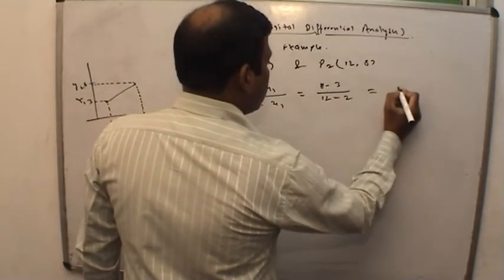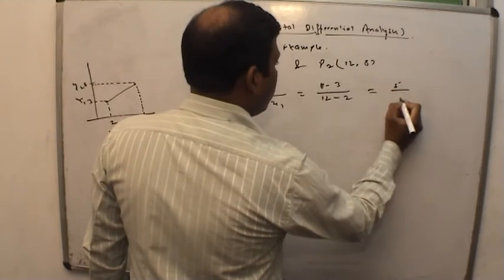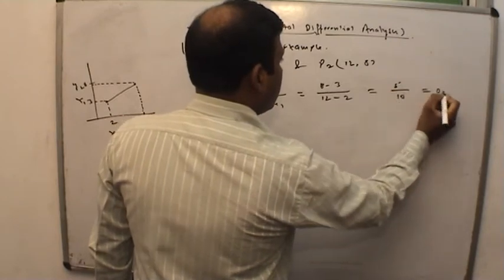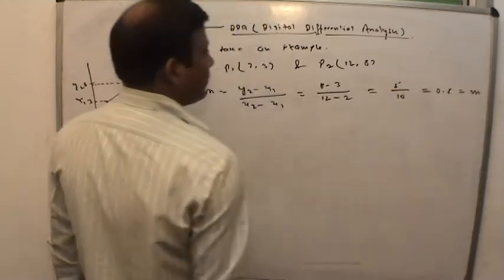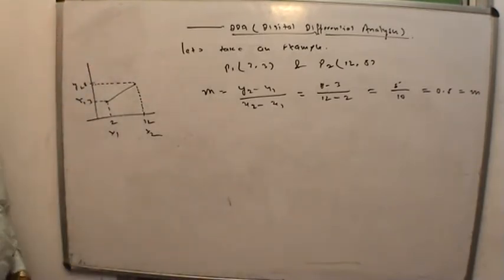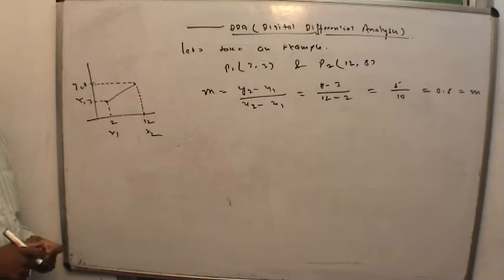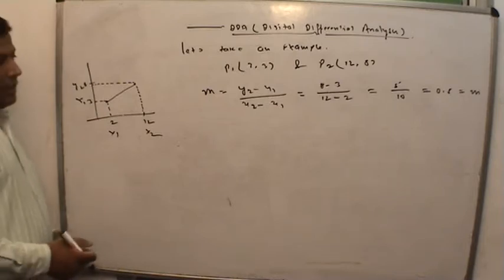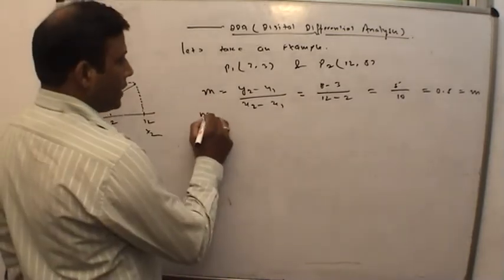Now we can calculate this: 5 by 10, which is 0.5, equal to m. Here we can see the value of m is less than 1.